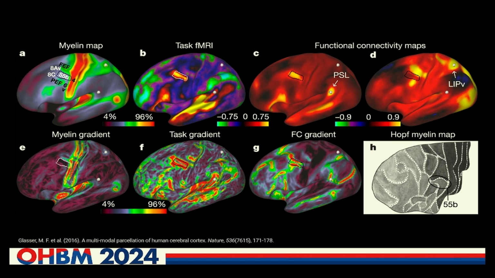So how do we do this in an observer-independent manner? Well, what we can do is calculate how fast these different features are changing over the cortical surface, in what we call a gradient.